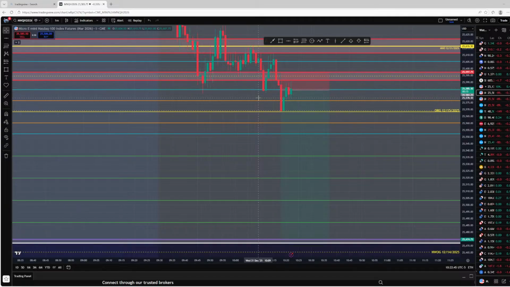I see what you're saying. I'm very confused at this level because of that 4 hour wick, and then it's bounced again off of that weekly area, and it already sold off.